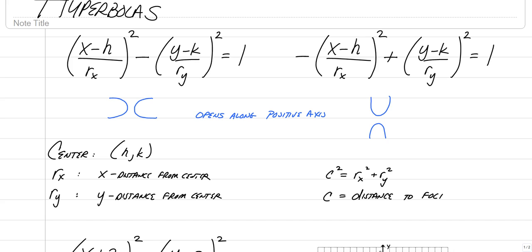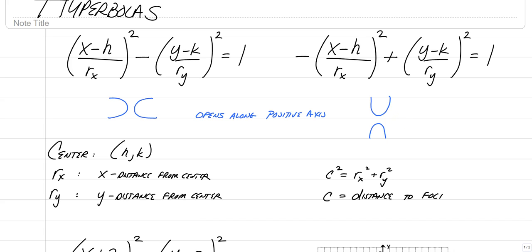Those pluses and minuses, though, determine which direction your hyperbola is going to open. So in this first example, x is positive, so the hyperbola opens in the x-axis direction, left and right. If the first one is negative and your y is positive, then the y is going to be up and down, so this hyperbola is going to open up and down.